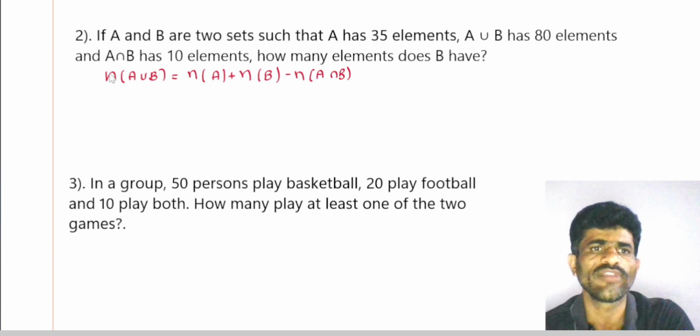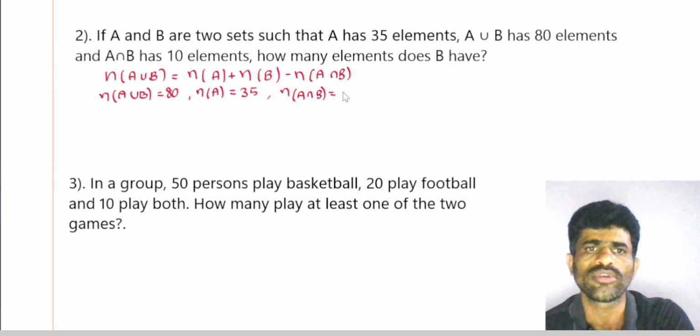So according to the given information, let us list out what all we know. n(A union B) is equal to 80. It is given. n(A) is also given: n(A) is equal to 35 elements. We also know n(A intersection B), which is given as 10.